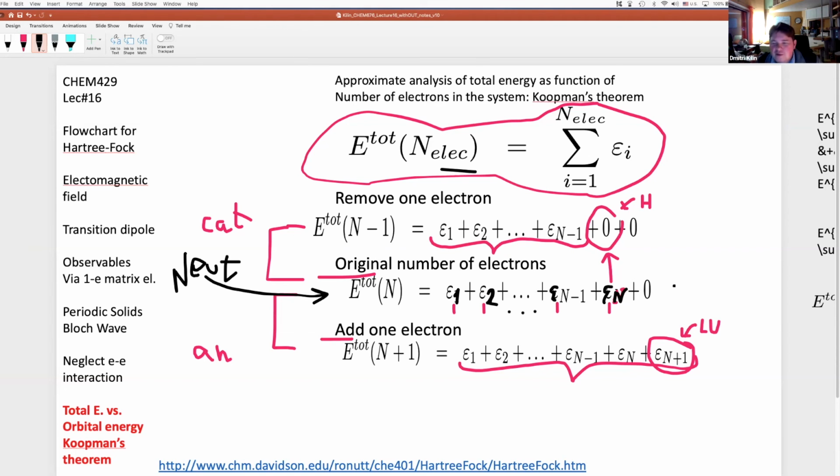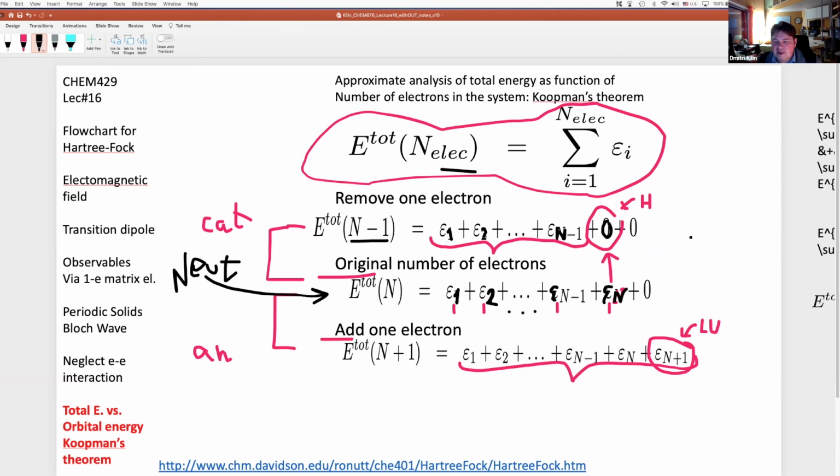Okay. Now, if I remove 1 electron, then the total number of electrons will be n-1, and the total energy will be E1, E2, up to E(n-1), and then in place of E sub n will be 0. Correct?